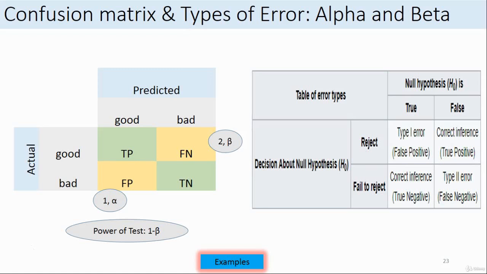But suppose you are bad, meaning you have violated, but you have been treated as good, meaning you have been allowed to go and no one has caught you. You have not been fined, but it is still an error. These are both kinds of error. Now which one should you minimize? In a traffic situation, for those who are violating the traffic rules, if you can catch them, meaning you can predict them as bad, it is good.